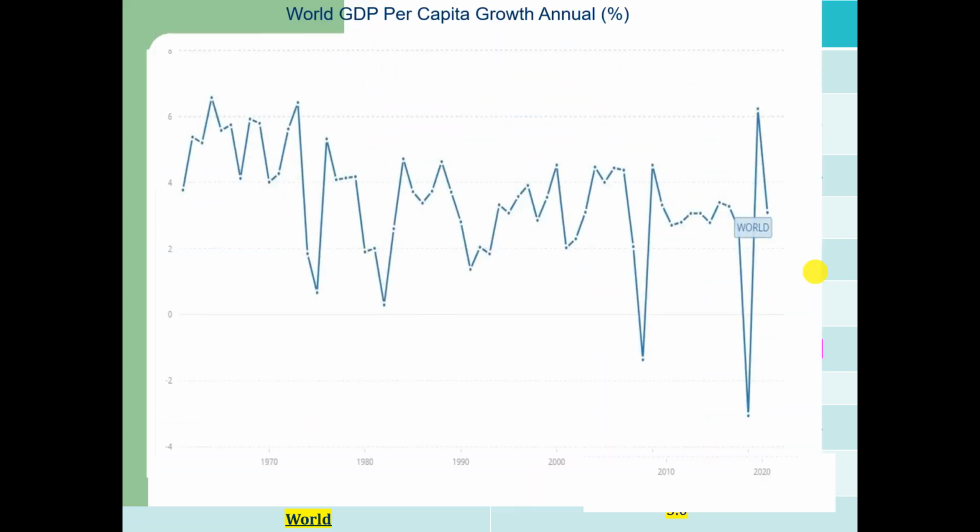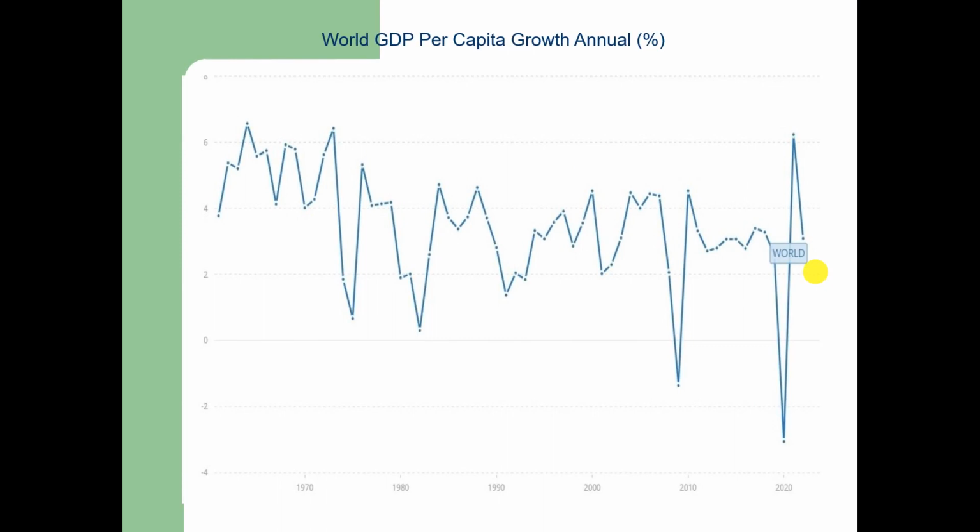So let me also show the world GDP per capita growth annual rate, and there are ups and downs in the growth rate. In 2009 and 10, the world GDP per capita growth was very low, and that was negative, and there was a recession.